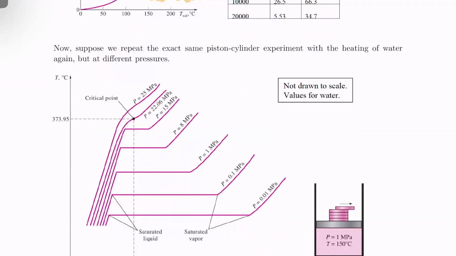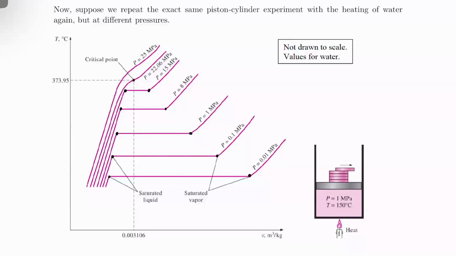So what we see happen here is that these points right here is where it becomes a saturated liquid. So this is Tsat. All right. And then this is the point at which it becomes a saturated vapor, right? So what's often done is that we can connect all of these points with a curve.